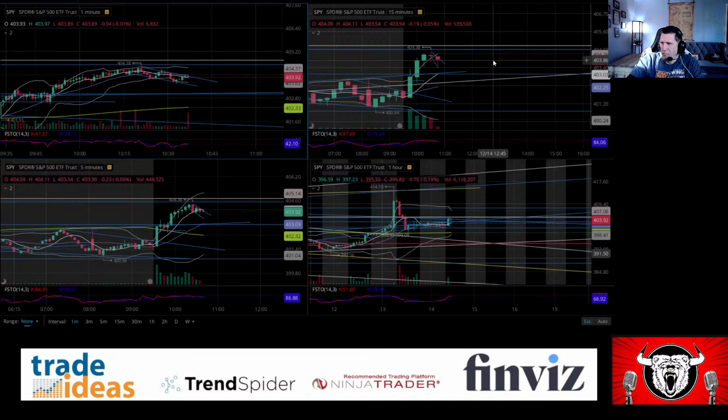You really don't want to see it close below it if it's going to continue bullish. And then this is just a bull flag if it holds for the next 8 or 9 minutes or so. We've got a few 1 minute candles in this little trend channel here. So let's see.